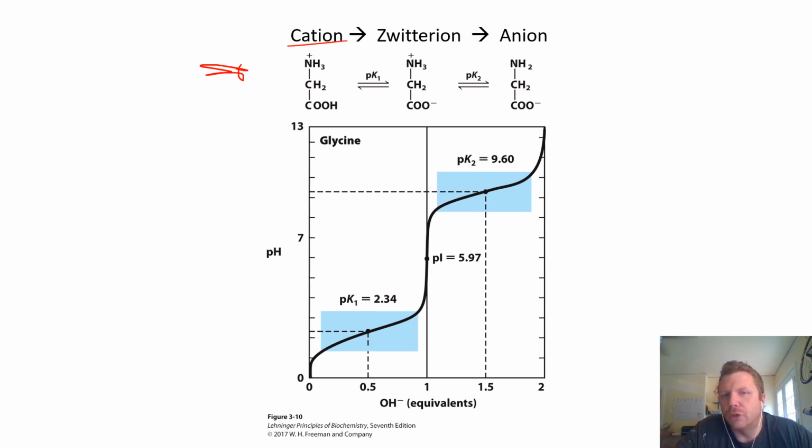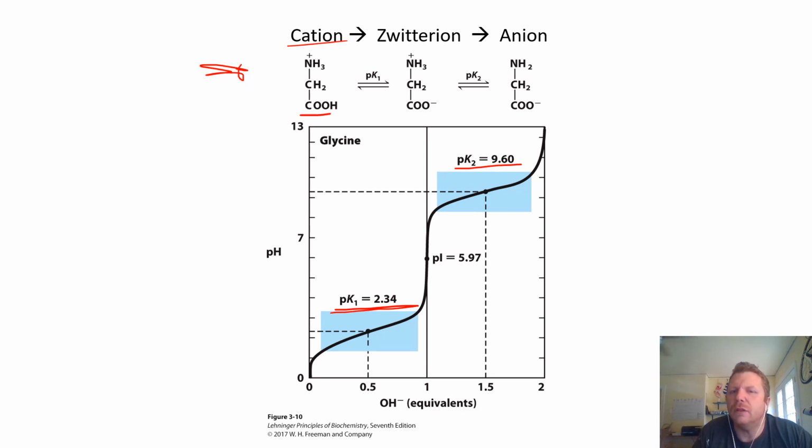Now, you reach your zwitterionic form because the first pKa for this molecule is the pKa for our carboxylic acid. That pKa, as you can see in this graph, is 2.34, identified as pK1. The next pKa is for our amino group, and that has a pKa of 9.60.